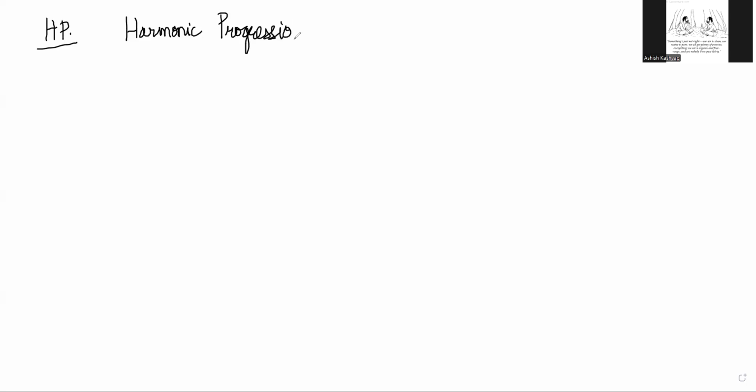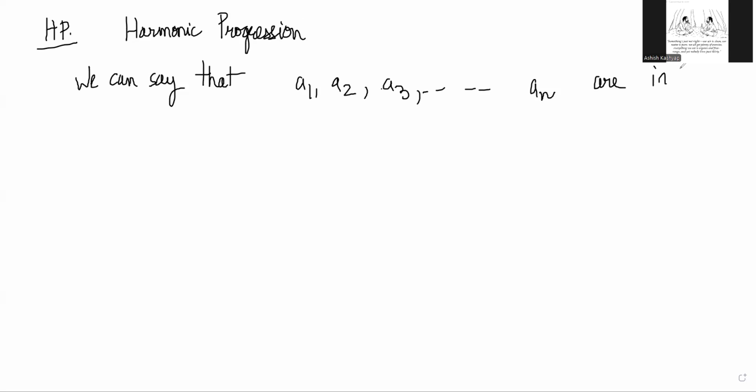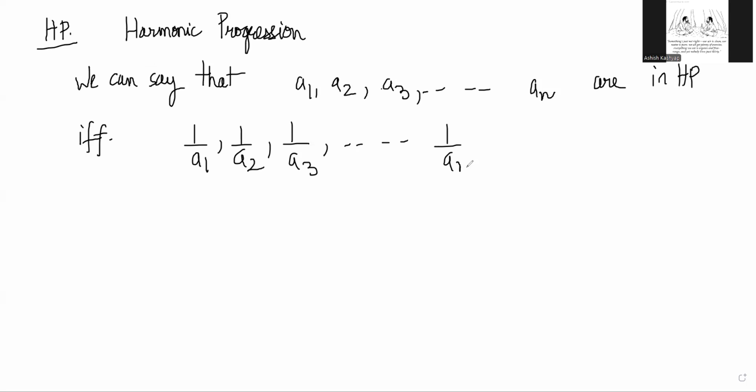We can say that the numbers A1, A2, A3, AN are in HP if and only if the reciprocals of the numbers are in AP. So basically that is the definition of an HP. If you say that these numbers are in HP, what it really means is that the reciprocals of these numbers are in AP.